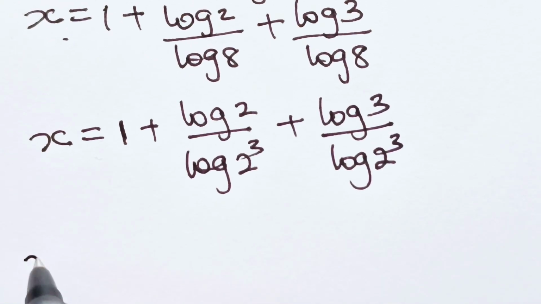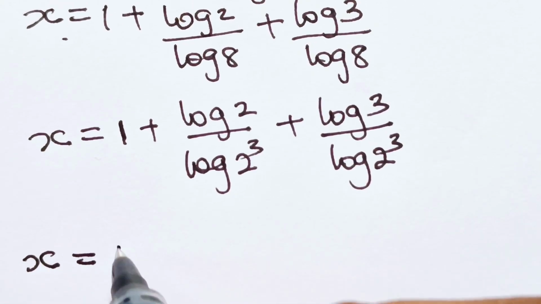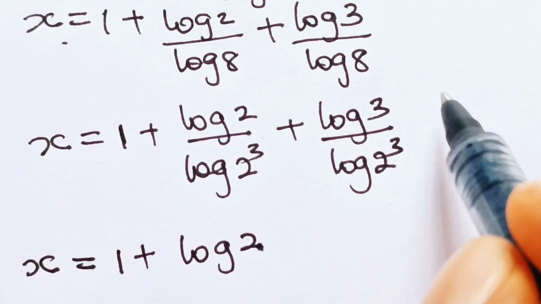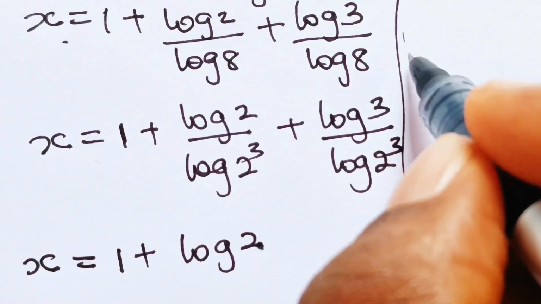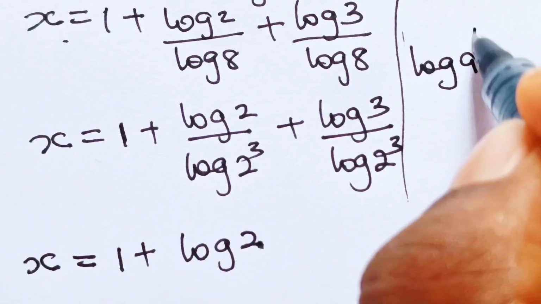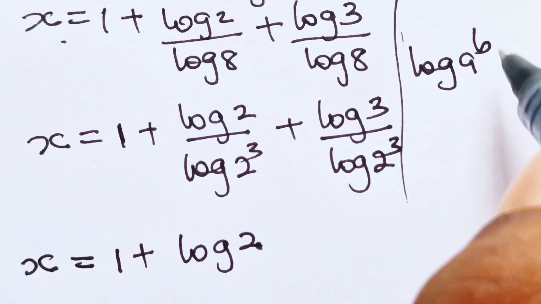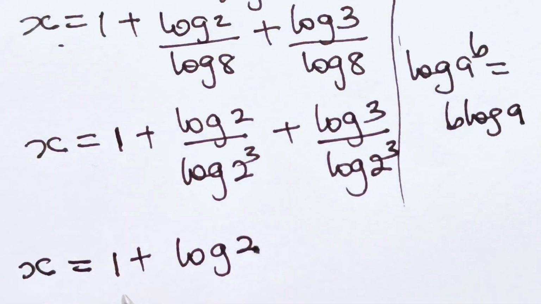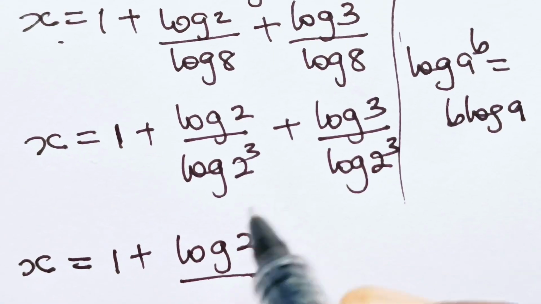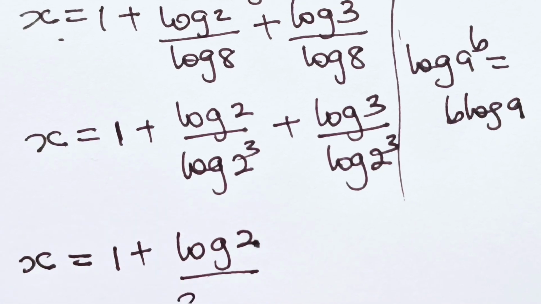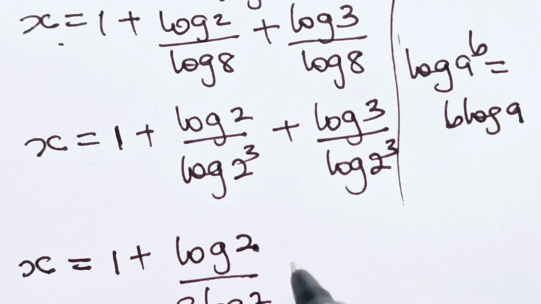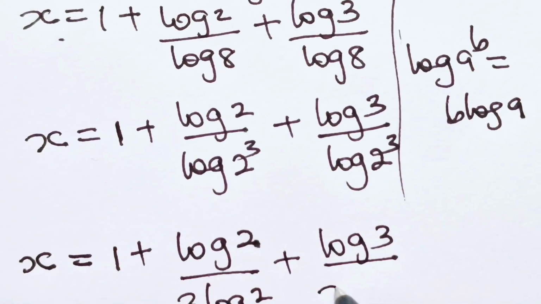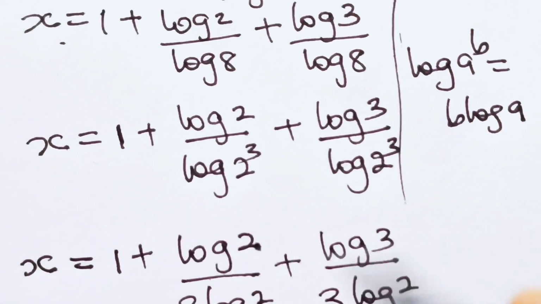So we write that x is equal to 1 plus log 2. Now when you have log a to the power of b, I think I've said that before, this is equal to b multiplied by log a. So we can write this as 3 log 2, plus log 3 divided by 3 log 2.